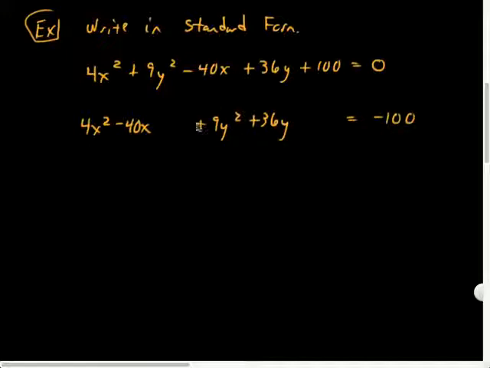Now, I do have some blanks there. They're going to show up in a minute, but I can't do anything with those just yet. My next move is to attempt to double complete the square. However, you may recall that when completing the square you weren't allowed to have a leading coefficient other than 1 for your quadratic term.